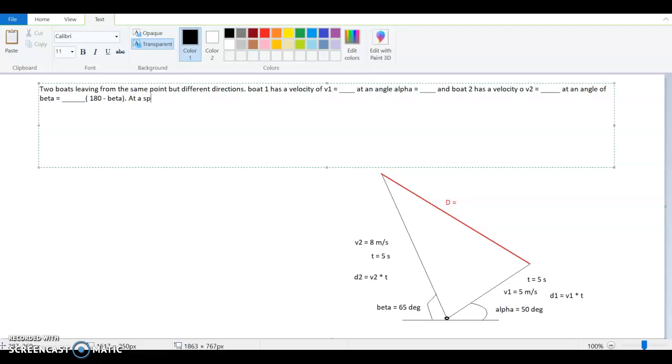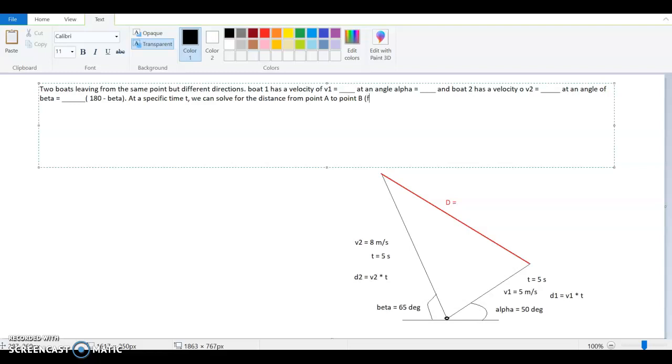Next, at a specific time t, we can solve for this distance, no? The distance from point A to point B. Who are these points?